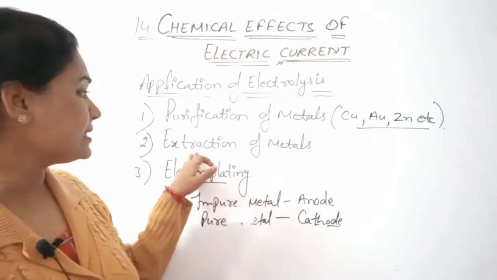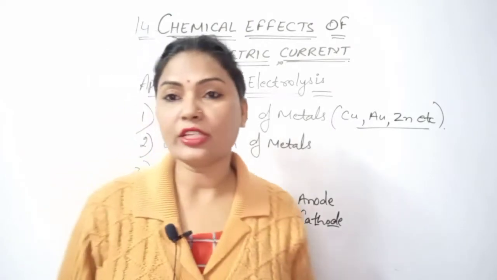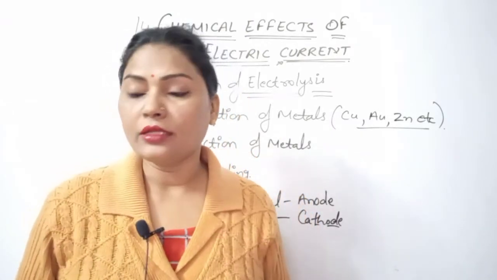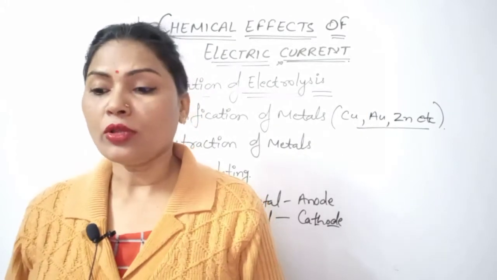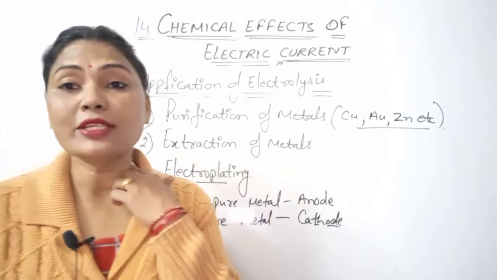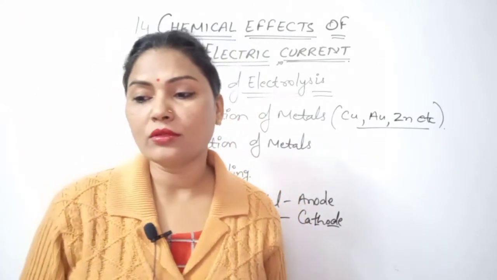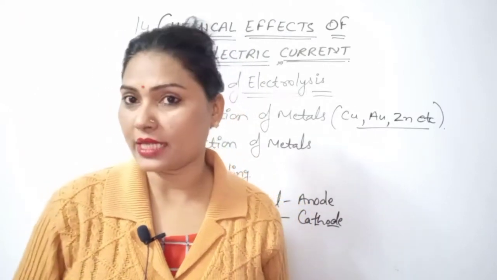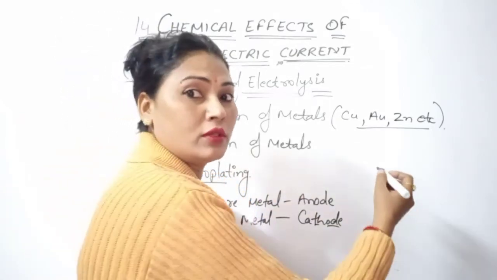Now the second is extraction of metals. Certain metals are extracted from their ores using the electrolysis method. For example, aluminium is obtained by passing the electric current through fused bauxite. Bauxite, Al2O3, is the ore of aluminium.